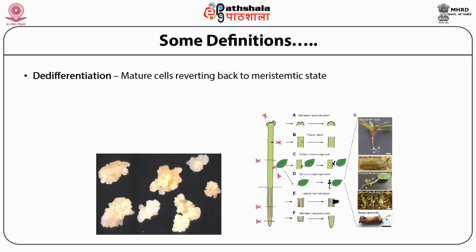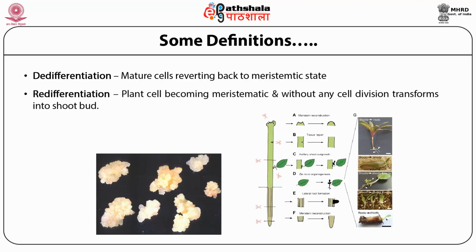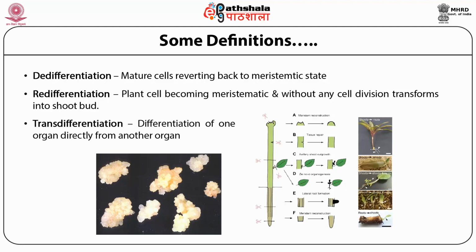There is another possibility, and that is that the plant cells become meristematic, and without any cell division, they transform into shoot buds. So this process is called redifferentiation. So it is differentiated cells redifferentiating into something different. The third term is transdifferentiation, where it is differentiation of one organ directly from another organ. For example, from the root, if you get a shoot bud, then it is a sort of transdifferentiation.